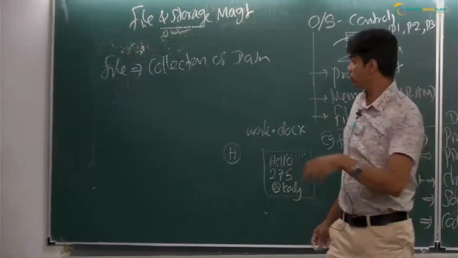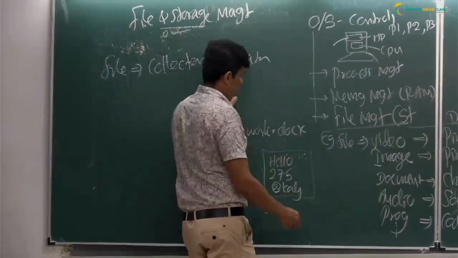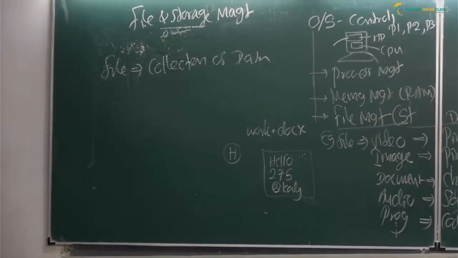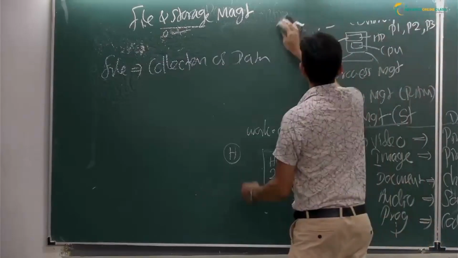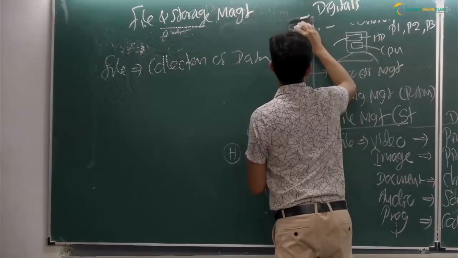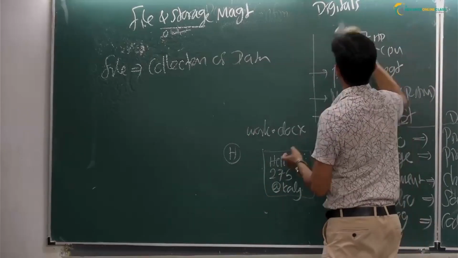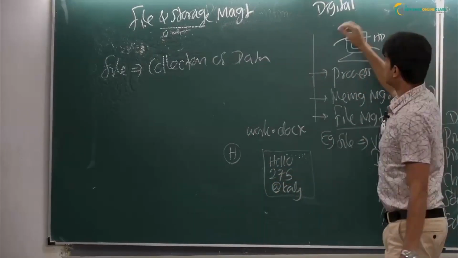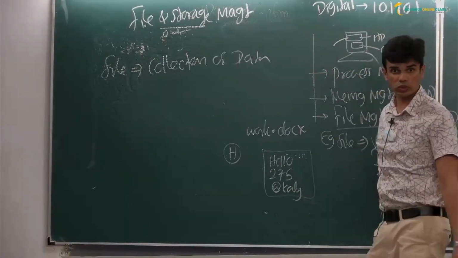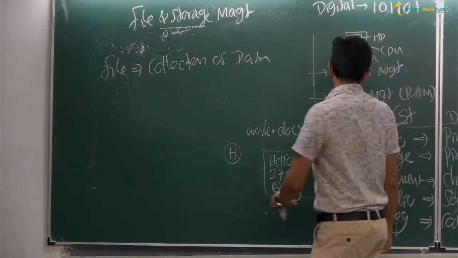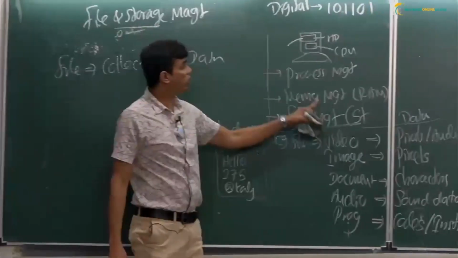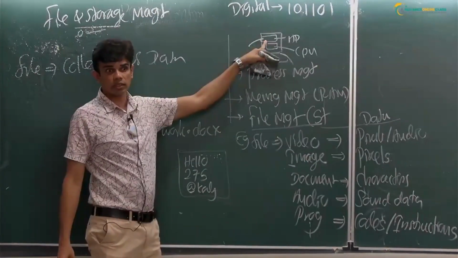Then on the other point, we all know that our computer is a digital device. Since this is digital, all the things going in the computer are in the form of what? Everything handled in the computer is in the form of ones and zeros. Then if the computer saves a video file, in which way will it be saved into the hard disk?